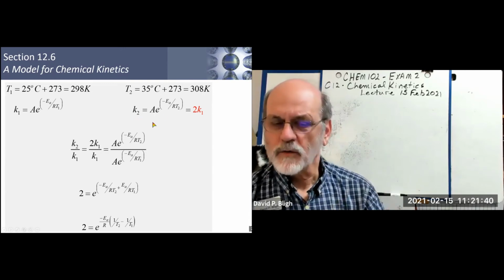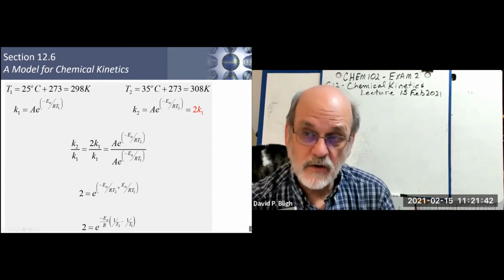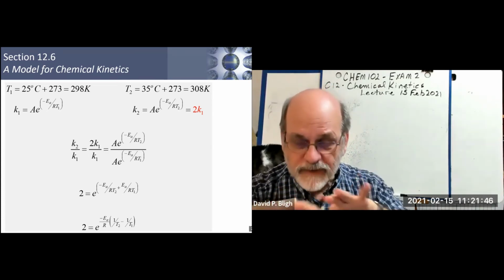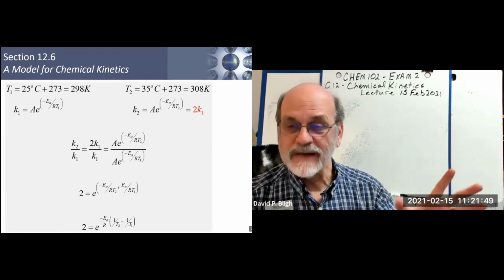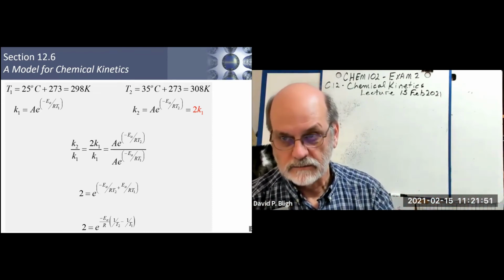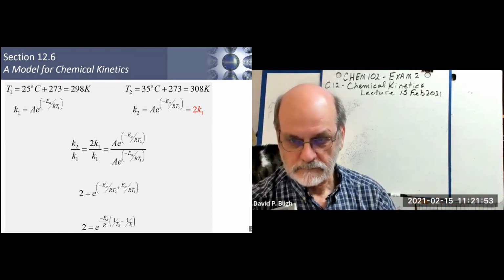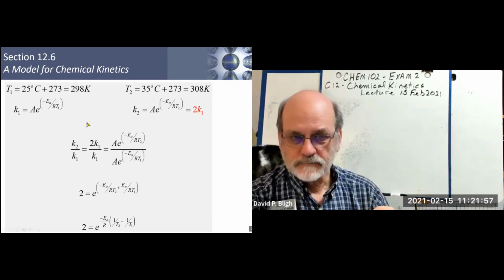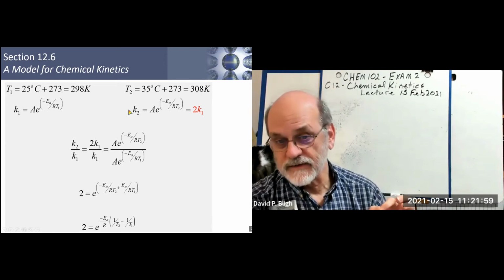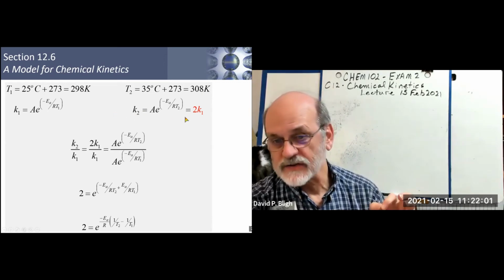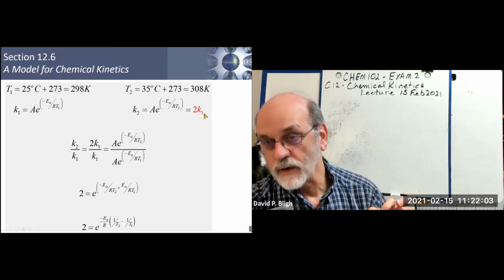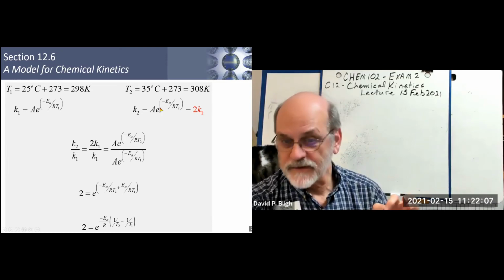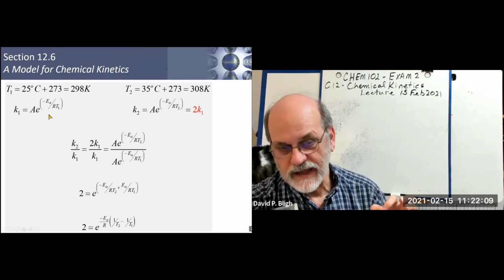Well, what we're saying is the reaction rate is going to double, right? So everything else being equal, that means that the k is going to double. So if we ratio, well, first of all, we're going to say that this k2 is actually twice the k1, the original temperature. So now we've got this equal to 2k1 and that one equal to k1.